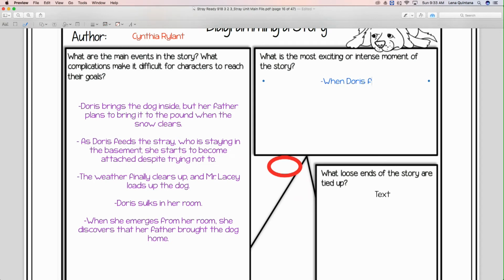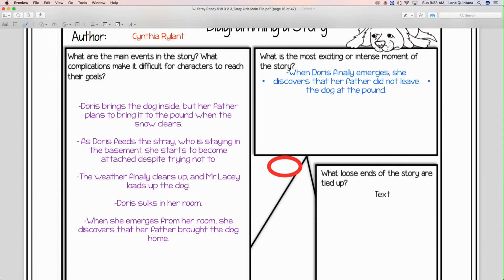So when Doris finally emerges, she discovers that her father does have a heart. He did not leave the dog at the pound.